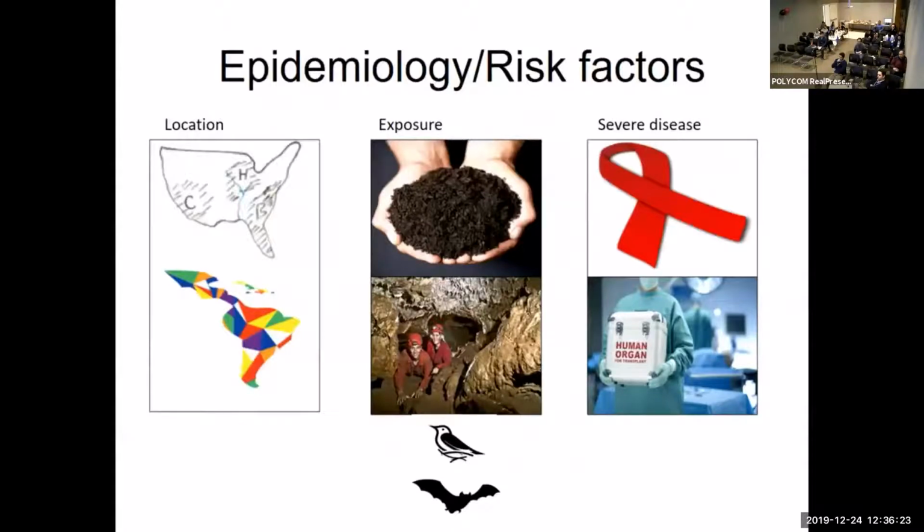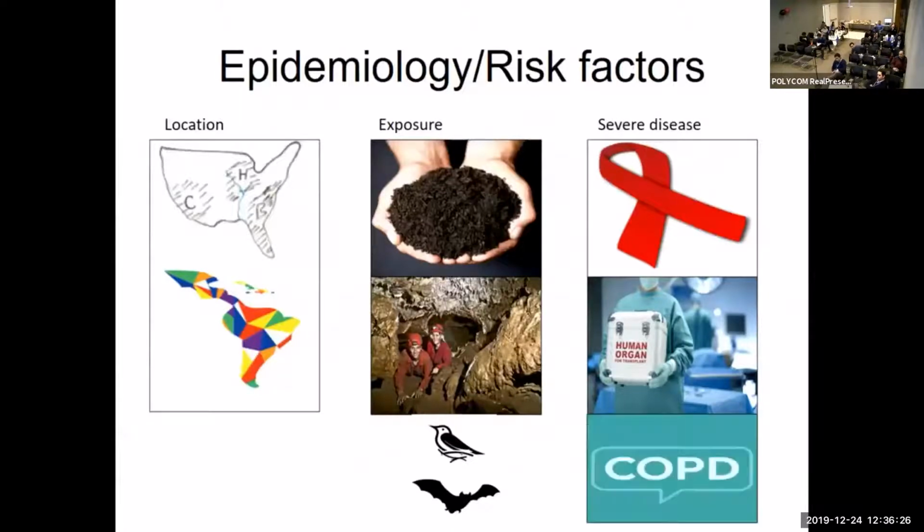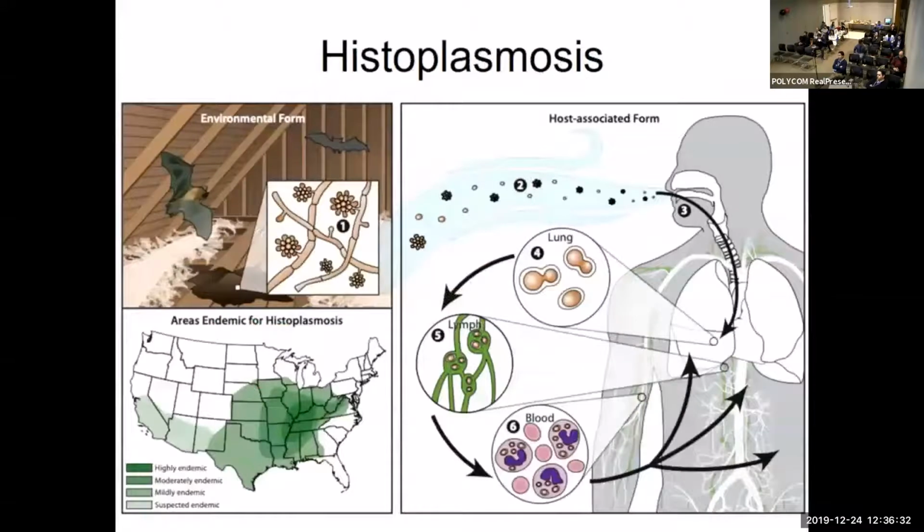For HIV, it's usually a CD4 below 150. And patients with COPD can get chronic pulmonary histoplasmosis. So just to review the cycle, like all the things in ID. Usually you are in a specific location with soil-related exposure or something with bat or bird droppings.